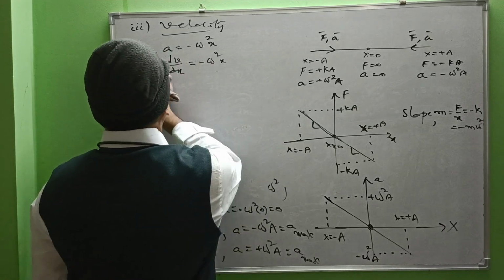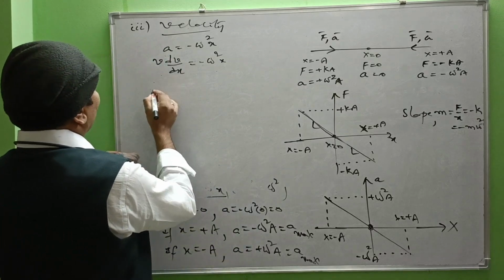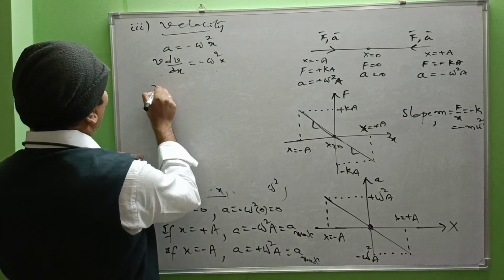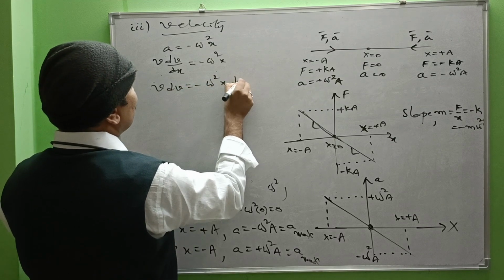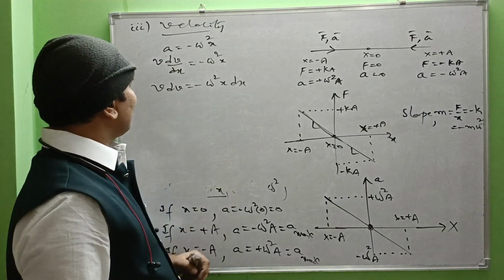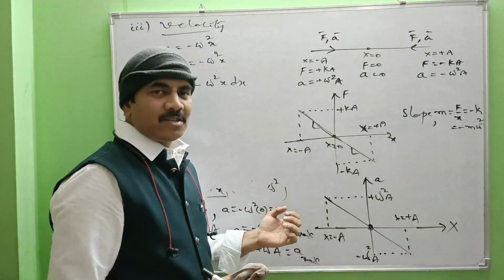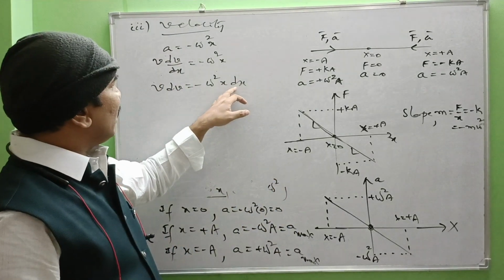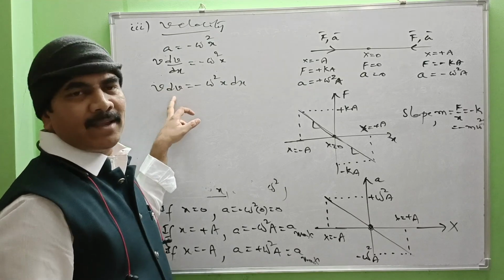Now after rearrangement, we have v dv equal to minus omega square into x into dx. This expression says that in every dx the change in velocity becomes dv.